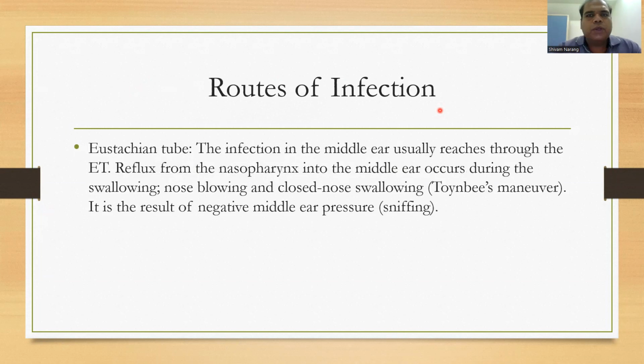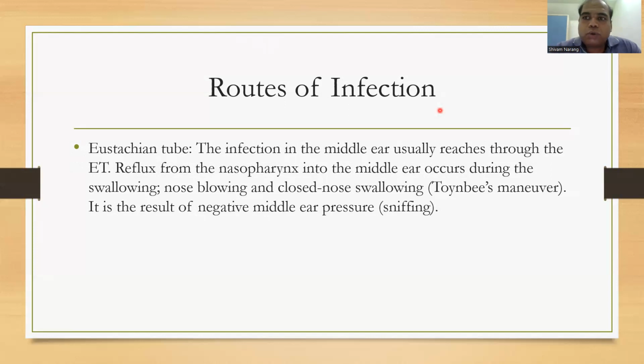otitis media. So what is the route of infection in these patients? The route of infection can be ascending infection from the eustachian tube. That is, the infection in the middle ear usually reaches through the eustachian tube. Reflux from the nasopharynx into the middle ear occurs during swallowing, nasal blowing, and closed nasal swallowing.